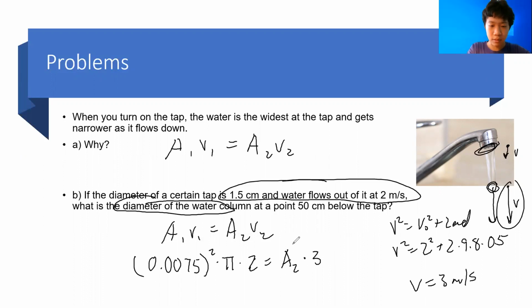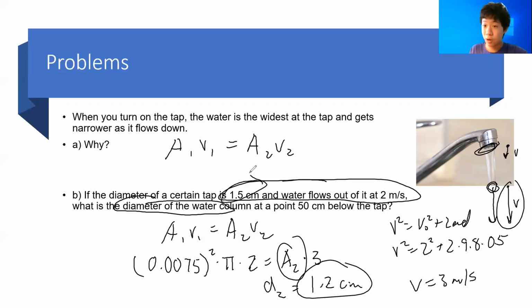Right? So once you find your area, you'll be able to find your diameter by using the area of a circle. So once you solve that, you're going to get D2. It's going to equal around 1.2 centimeters. All right. So as you can see here, mathematically, we can show in numerical values how the diameter is bigger at the top and smaller at the bottom.